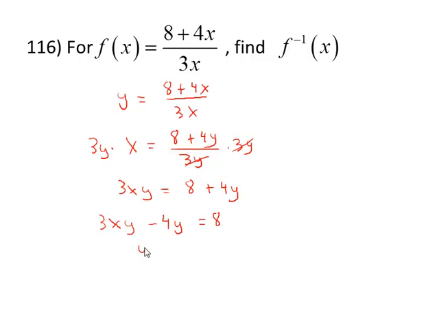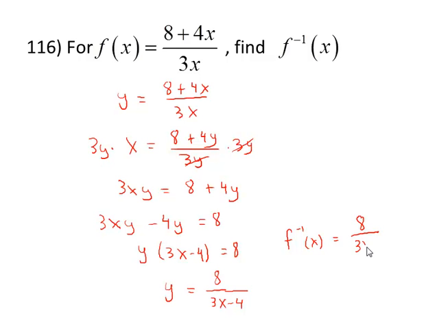I'm going to factor y from both of those terms. And I'm going to divide over the 3x minus 4. That gives me 8 over 3x minus 4. That is my inverse function. f inverse of x equals 8 over 3x minus 4.